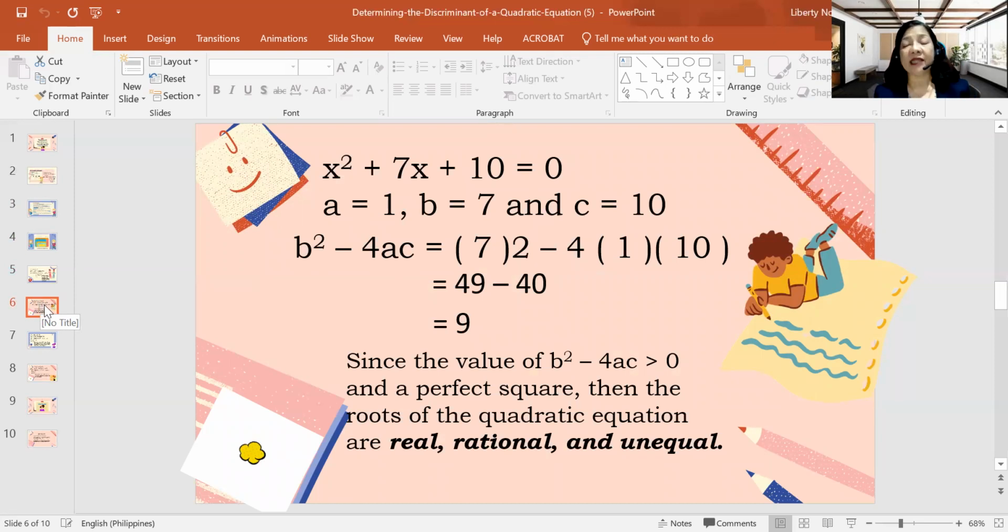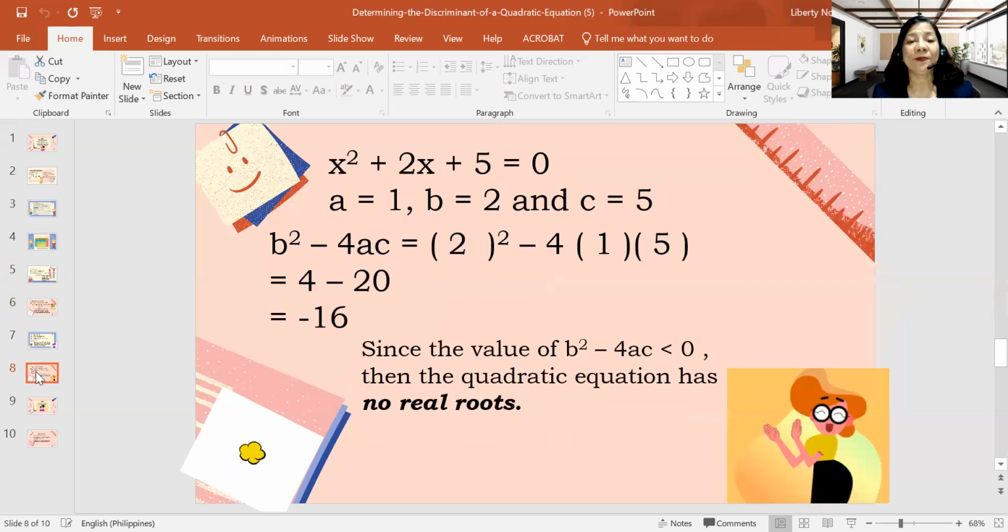Therefore, 49 minus 40 is equal to 9. Since b squared minus 4ac is greater than 0, and 9 is a perfect square because the square root of 9 is exactly 3, the roots of the quadratic equation are real, rational, and unequal. See the difference.